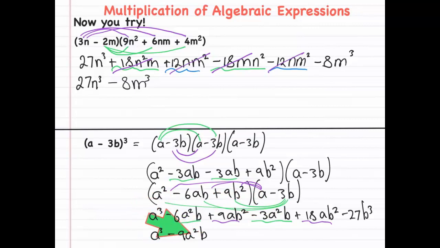So we write down what thing it is. And then plus 27ab squared. Why? Because 9 plus 18 is 27ab squared, right? And then lastly we have minus 27b to the power of 3, and I am done.